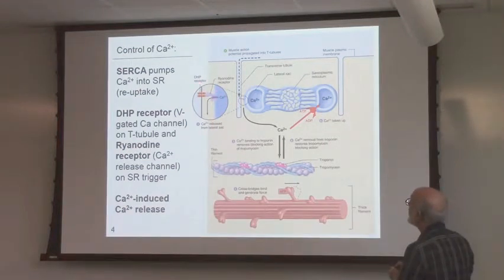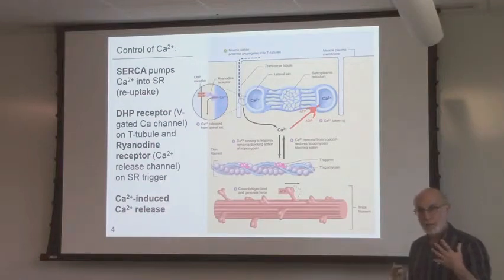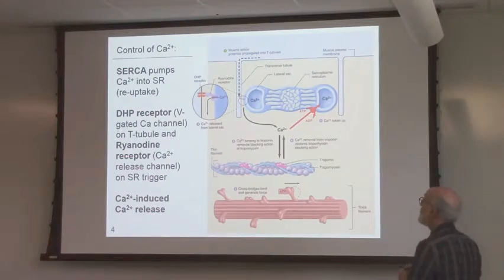So this is T-tubular membrane, right there. This is SR membrane, right there. And this is the connection between the protein that senses the voltage in the T-tubule and tells the calcium release channel to open and release calcium.